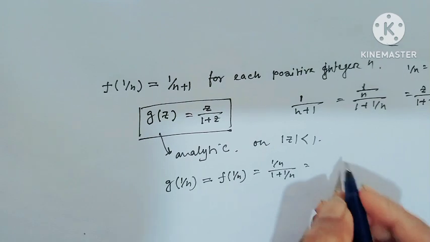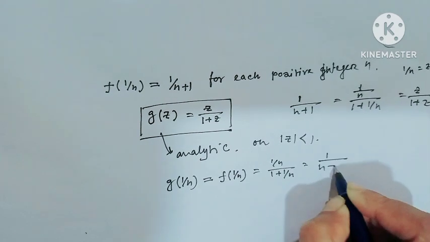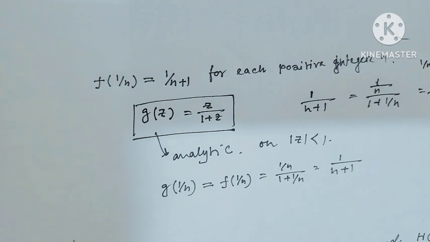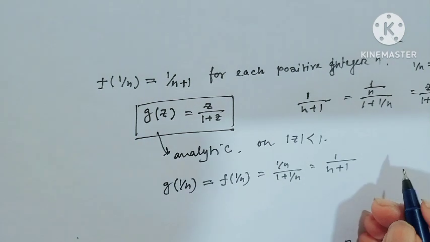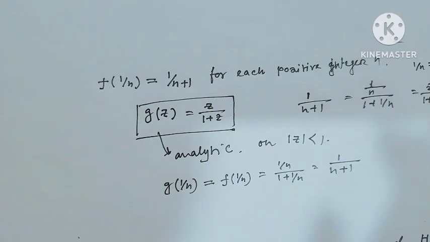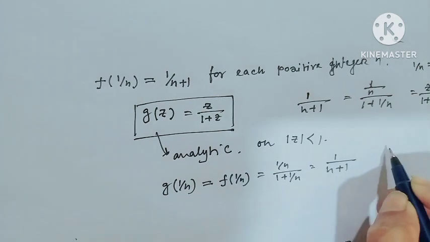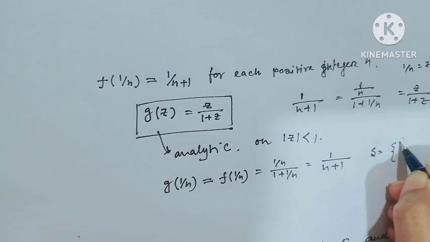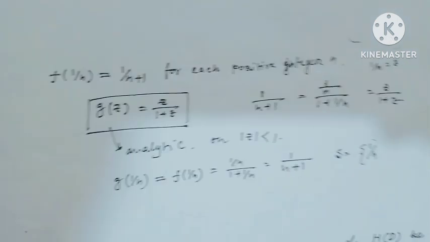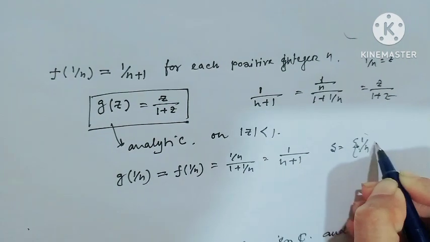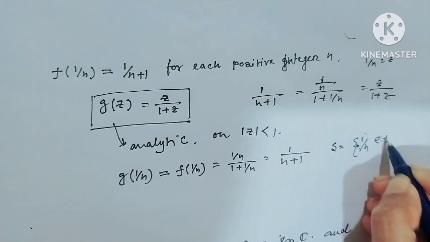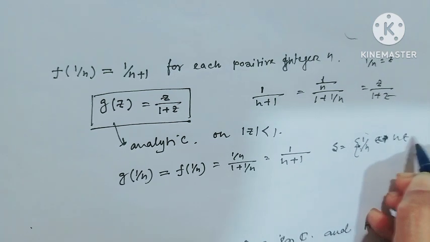This value would be 1 over n plus 1. And this is true on the set S, where S equal to the set of 1 over n, where n belongs to natural numbers.